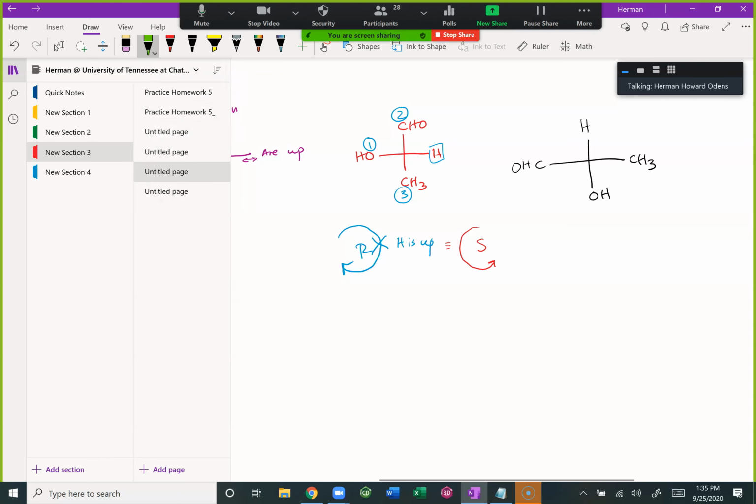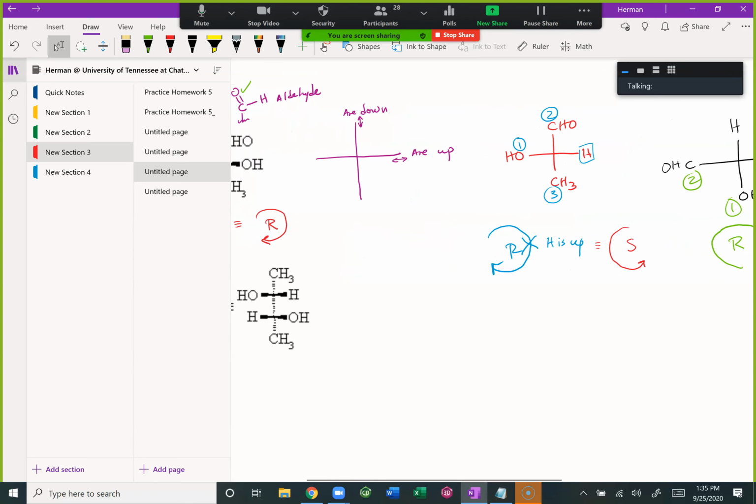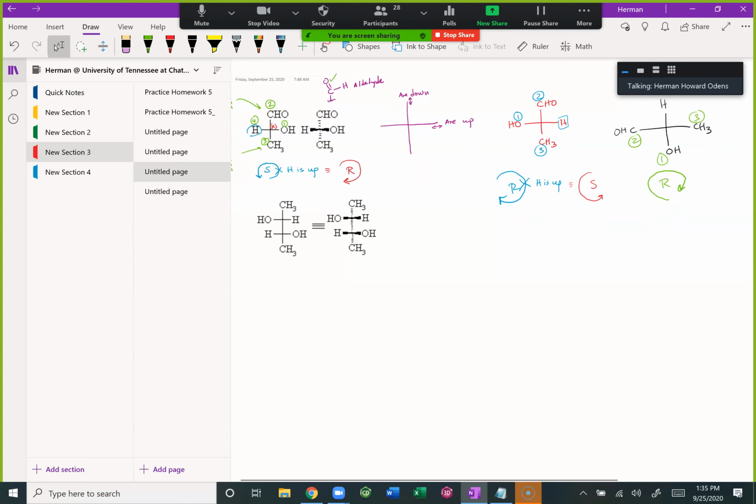So you have now priority 1, 2, and 3, and this is looking like an R group, and it stays R. So this will be equivalent to that one. Yes. So that would be an R group.